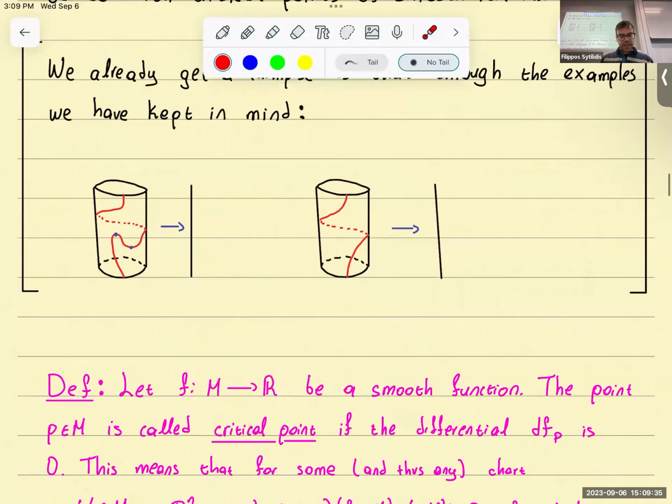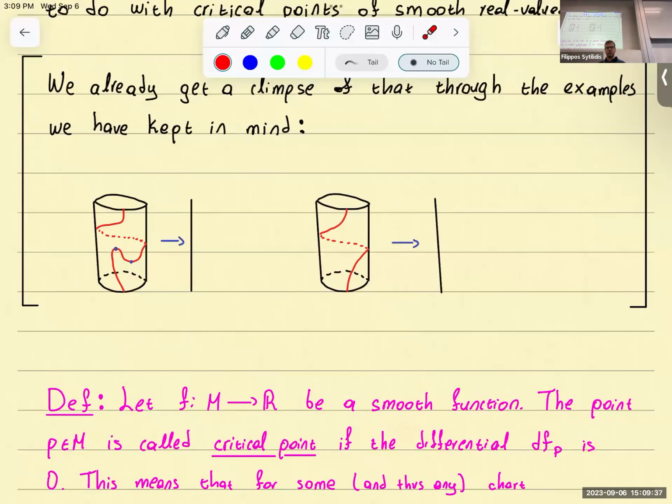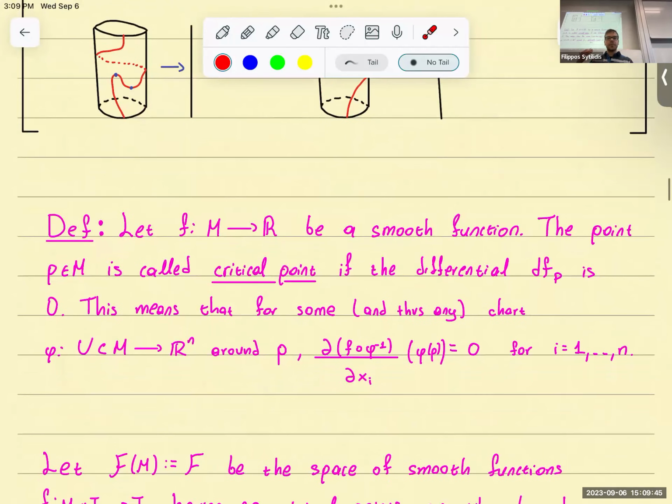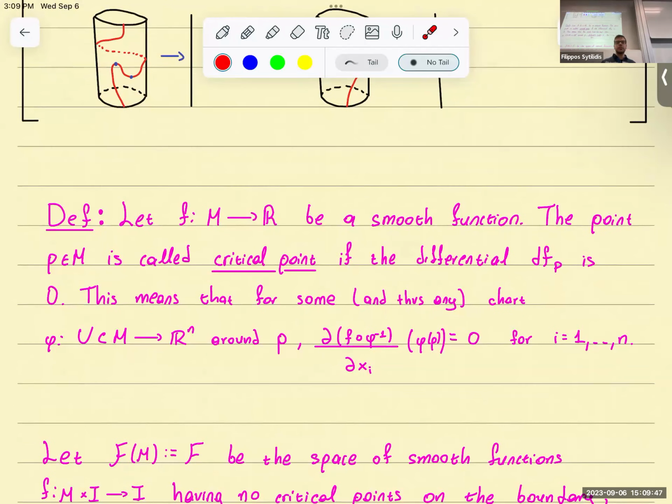And we're now going to make it very, very precise. First I have to tell you what a critical point is. If you give me a smooth real valued function, a critical point is a point where the differential of the function at that point is 0.